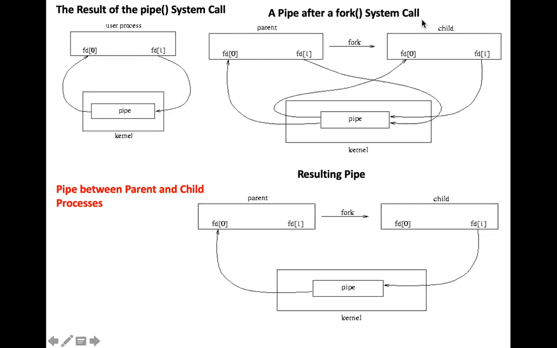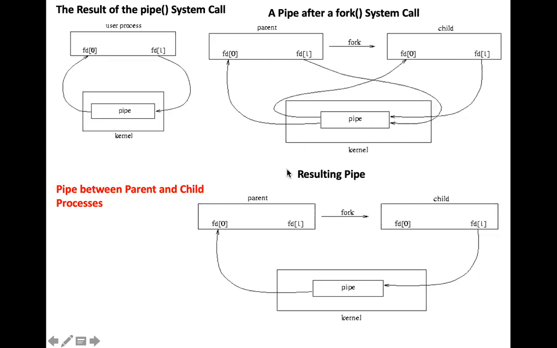So now both processes will have file descriptors fd0 and fd1 open. It means that when the parent uses fd0, it can read from the pipe. The direction is changed from the earlier diagram. And when it uses file descriptor 1, fd1, it can write into this pipe.